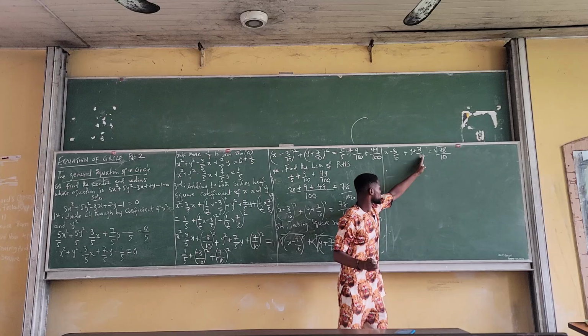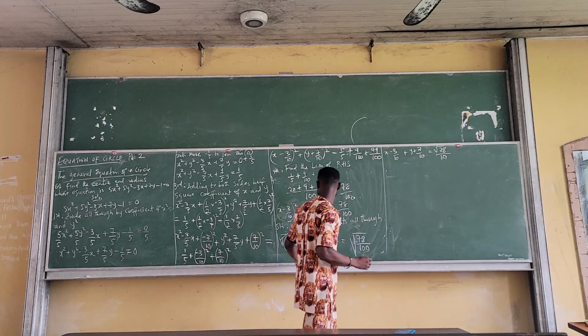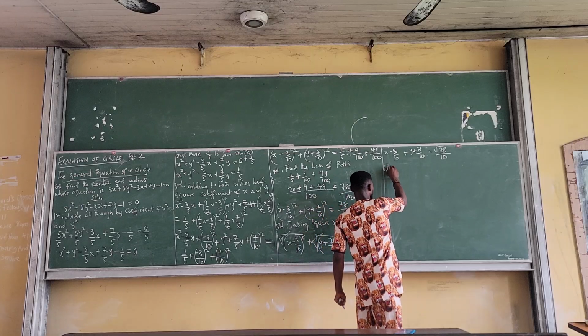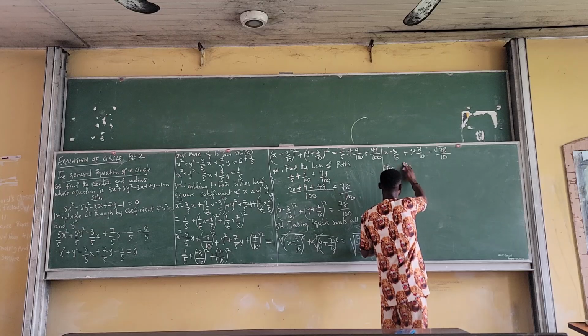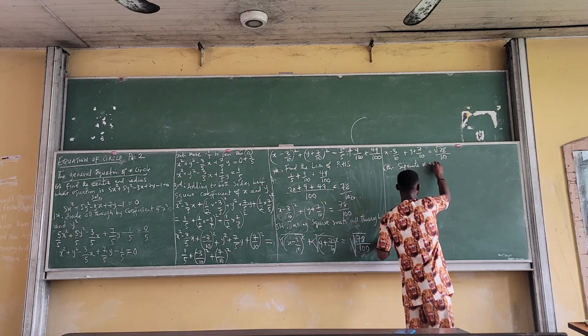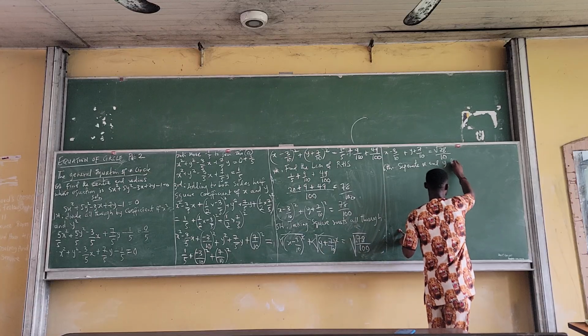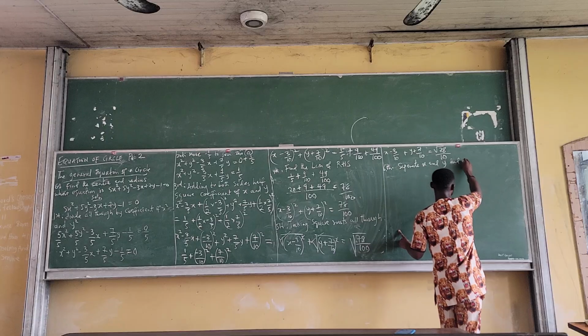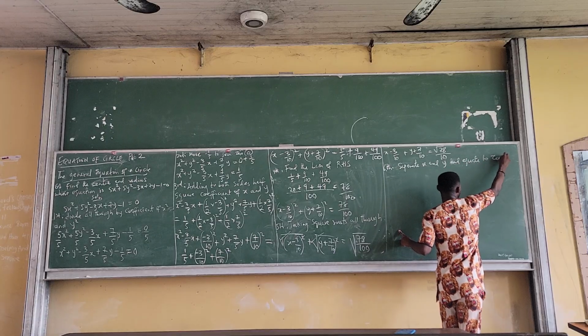So therefore, we have two equations, the left hand side and also the right hand side. So the sixth step, you separate x and y and equate to 0.